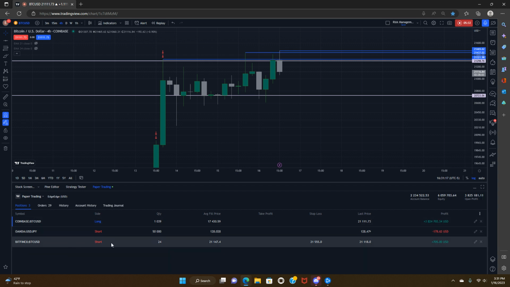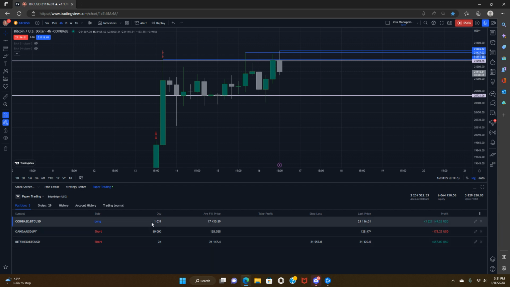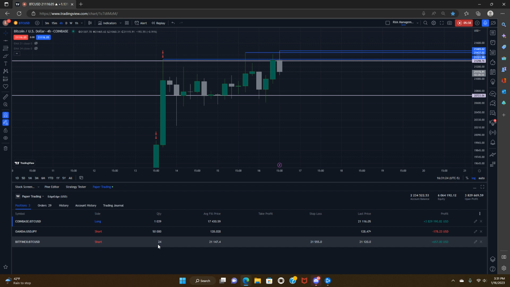And then we got the Bitfinex position, which again, you got to keep in mind that the size relative to the Coinbase position is extremely insignificant because I just started building this hedge, but I'm building it in the event that price rolls over and does put in the top. I want to have that hedge there. And then of course I'll start adding to it.